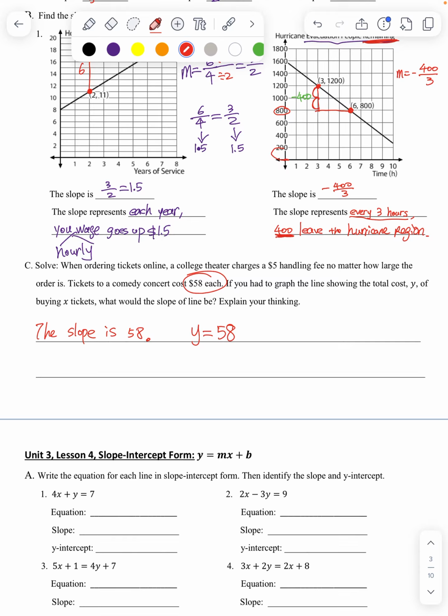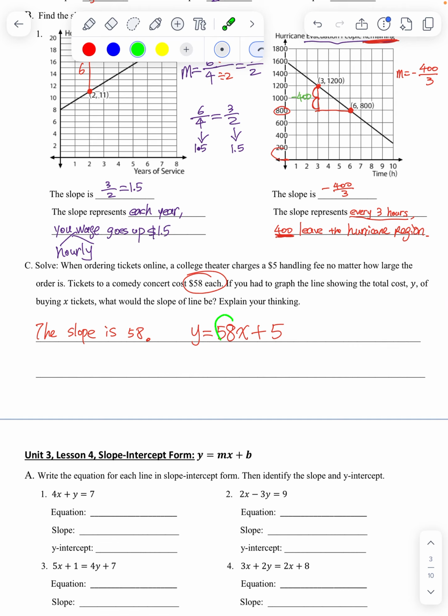So 58 times how many people? How many tickets? 1 person, I buy 1 ticket. So x is the number of tickets, the number of people or the number of tickets you have to buy. Each ticket costs 58. So this is the total cost of tickets. But you have to add the $5 handling fee. So this will be the equation of the total cost.